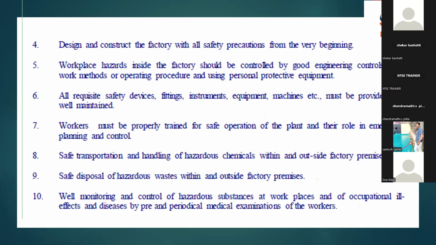In case people are exposed to chemicals, how can we understand? Unless you have seen the exposure or done a medical examination, you cannot identify that this person is affected by such and such chemical. Okay, these are the 10 points we have to remember.